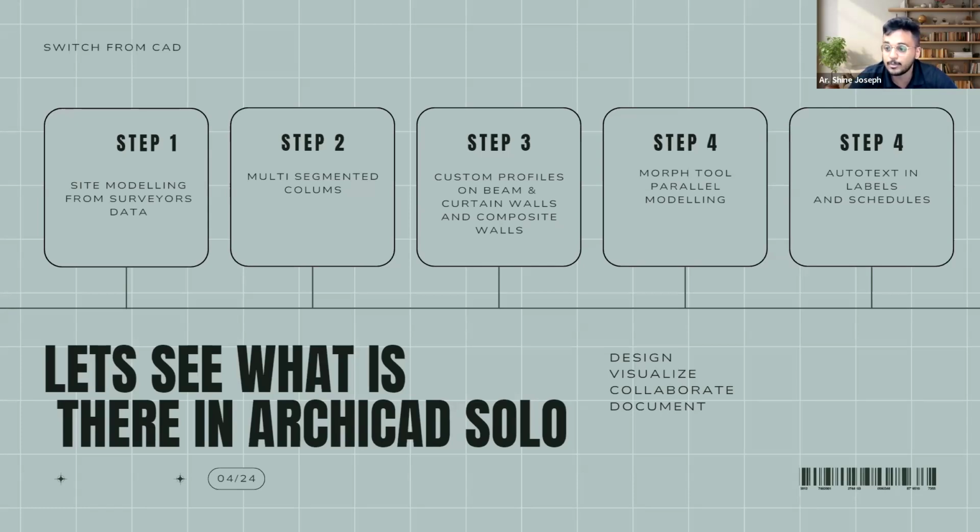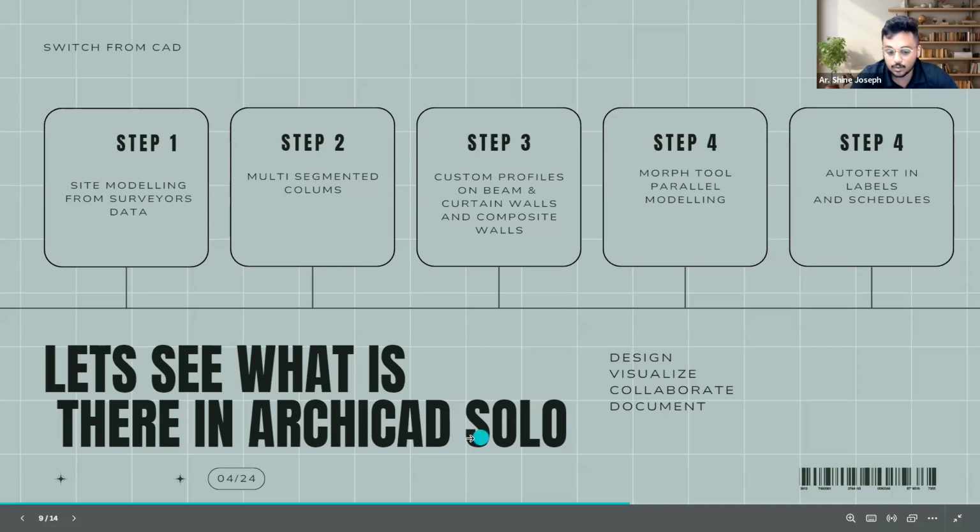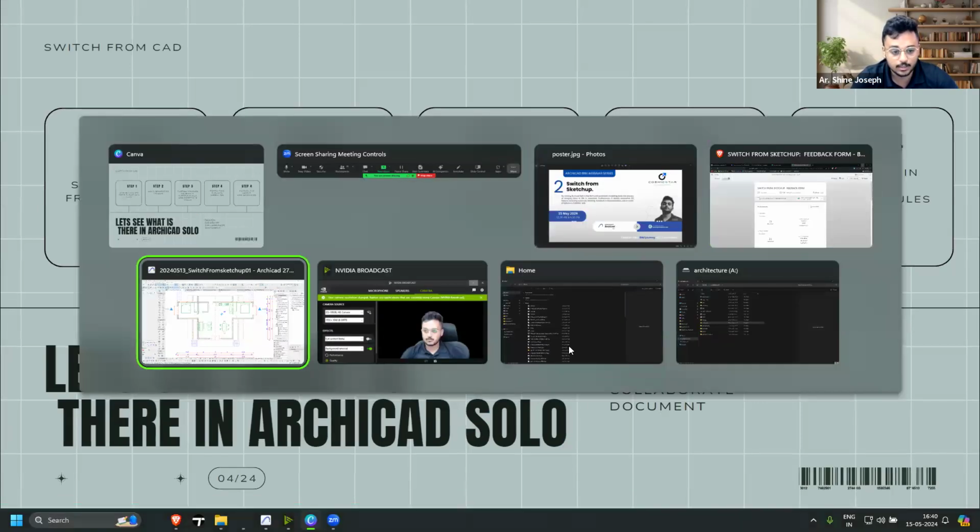And at last, we will also be looking into Autotext in labels. Labeling is really important in terms of creating the documentation and takeoff of information, and also the schedule part of it. In the last session we had just introduced the schedule, but here we'll be looking a little deeper into this.